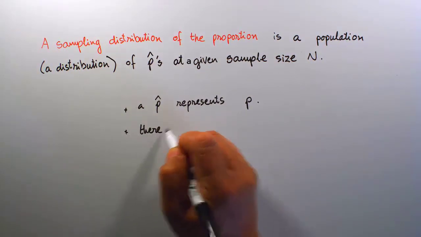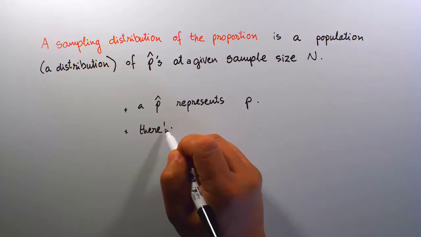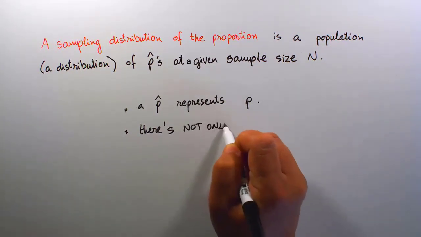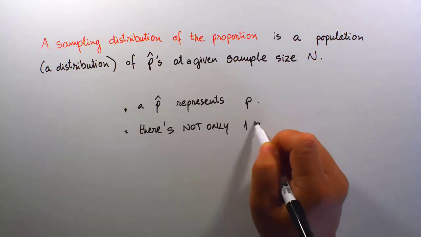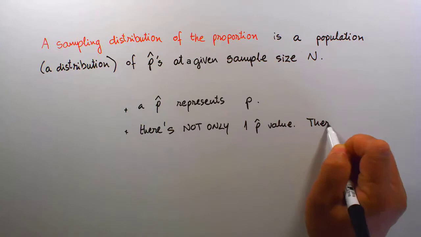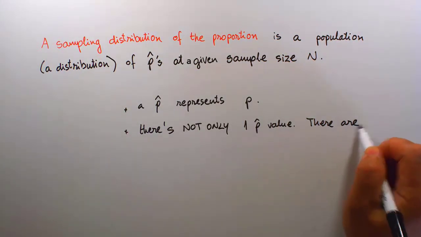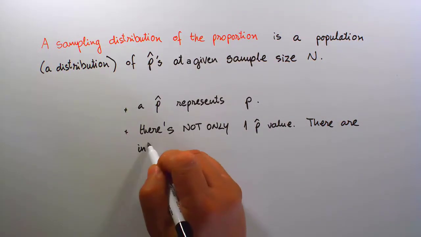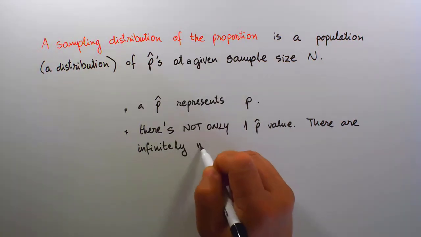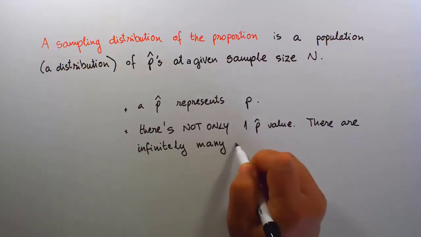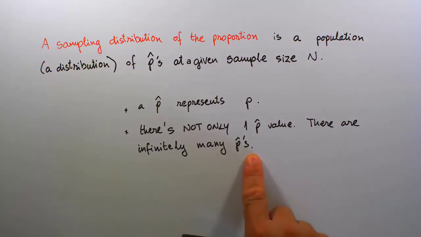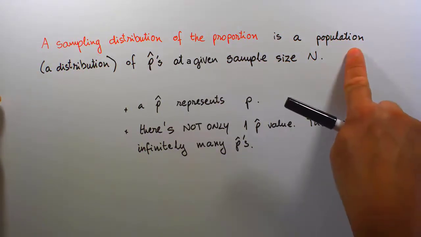There is not only one p hat value. There are infinitely many p hat values. And that's why it deserves its place to be considered as a population of p hats.